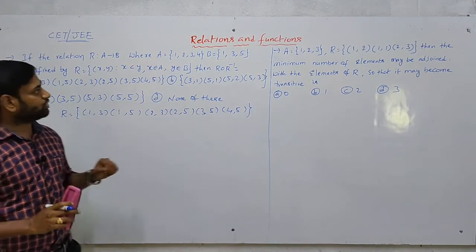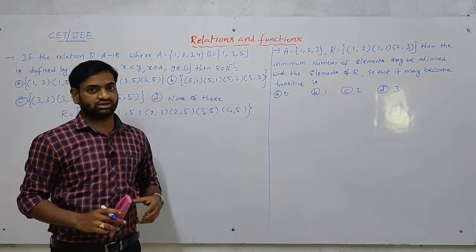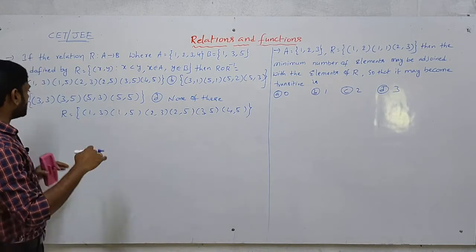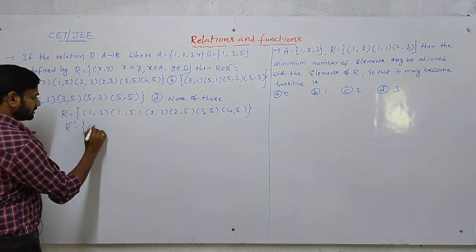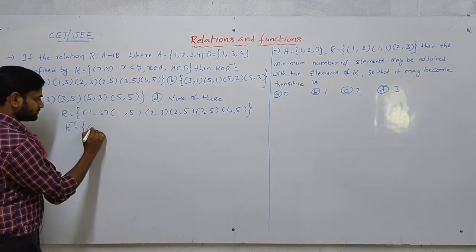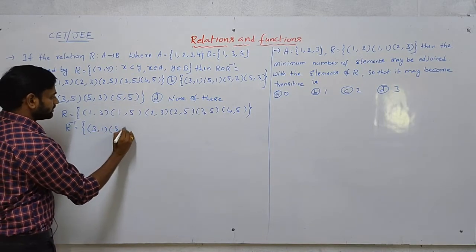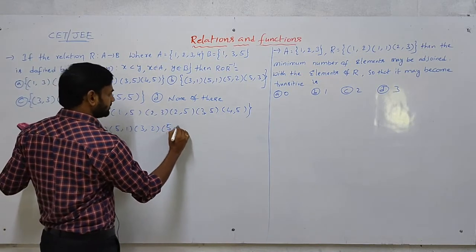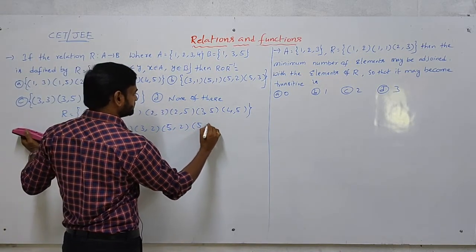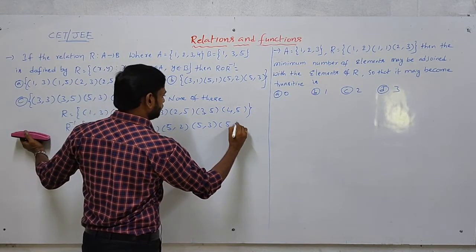Now, what is the value of R circle R inverse? Now I got R. What is R inverse? Take the reverse: 3, 1; 5, 1; 3, 2. Next, 5, 2. Next, 5, 3. Next, 5, 4.